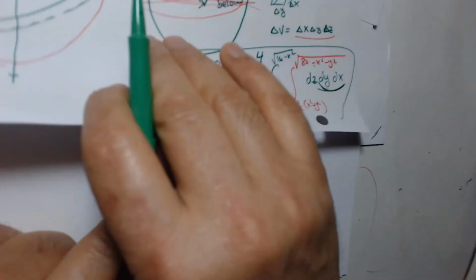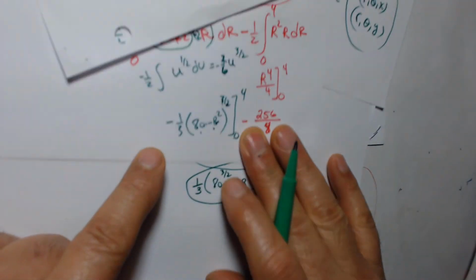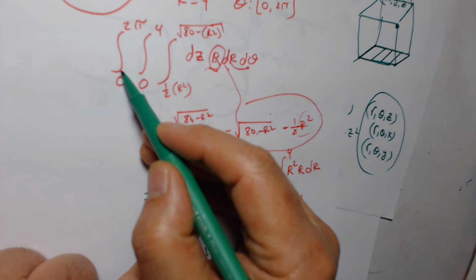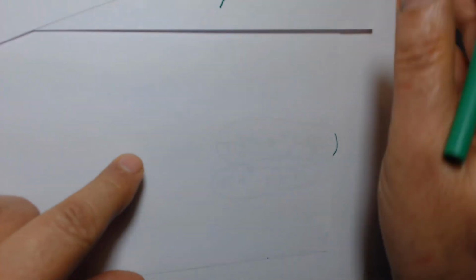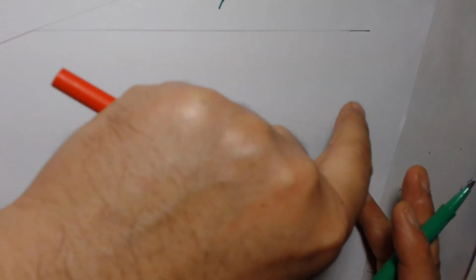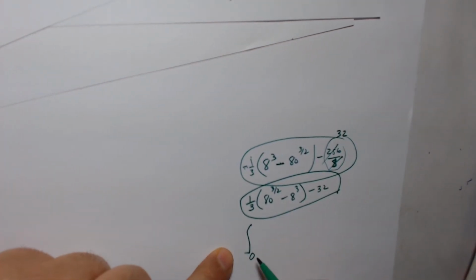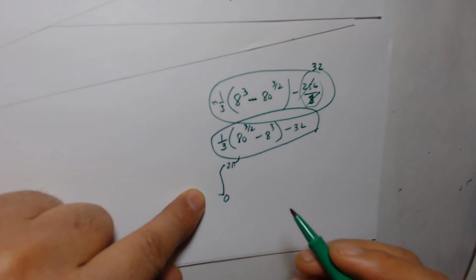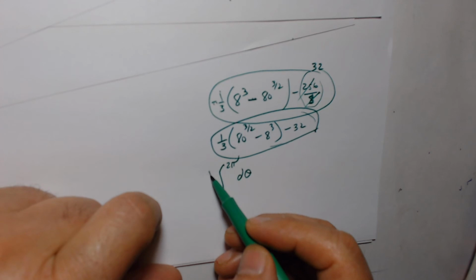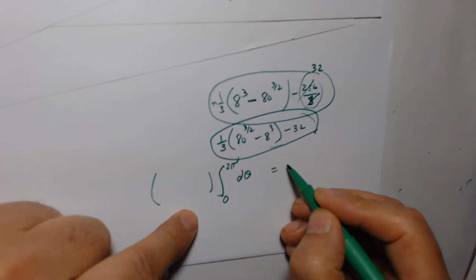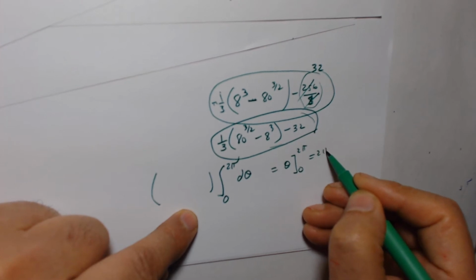But I did not do my theta yet. I have to do the last part, which is your theta. Your theta was from 0 to 2 pi, and d theta, don't forget I have that number in front of it right here, and that becomes theta from 0 to 2 pi, equal to 2 pi.